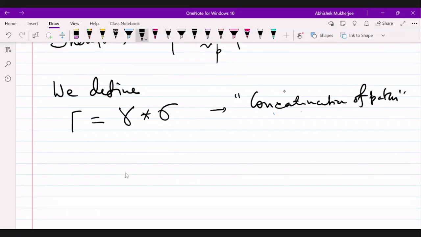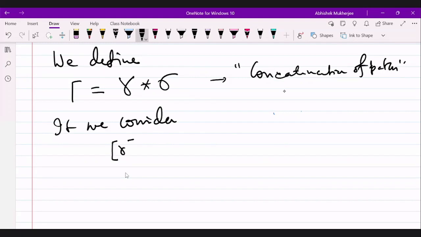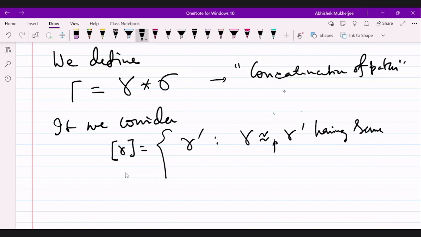And this operation will be well defined on a class of paths. That means if we consider this class of gamma, that means we are taking all gamma dashed which are path homotopic to gamma, right? Having the same terminal points, right? Great.